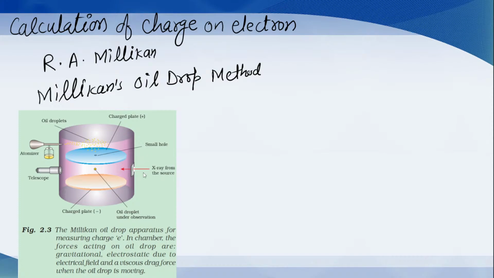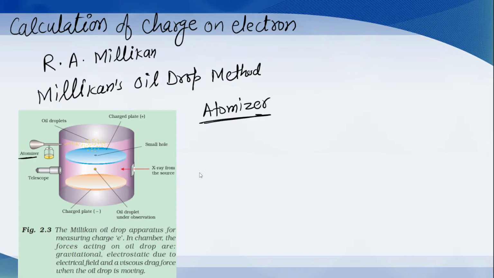In this method, oil drops in the form of mist. See, this is the atomizer. So what is the use of the atomizer? Oil droplets in the form of mist were allowed to enter the chamber through a fine hole.